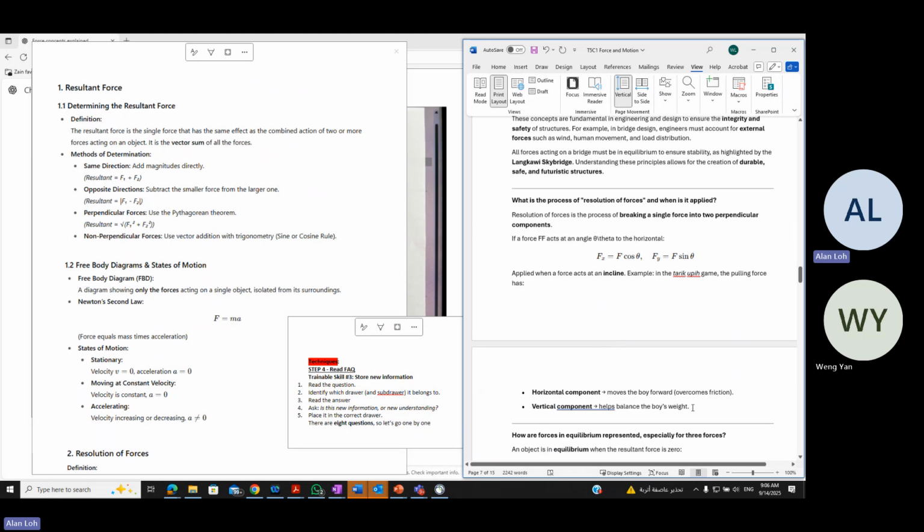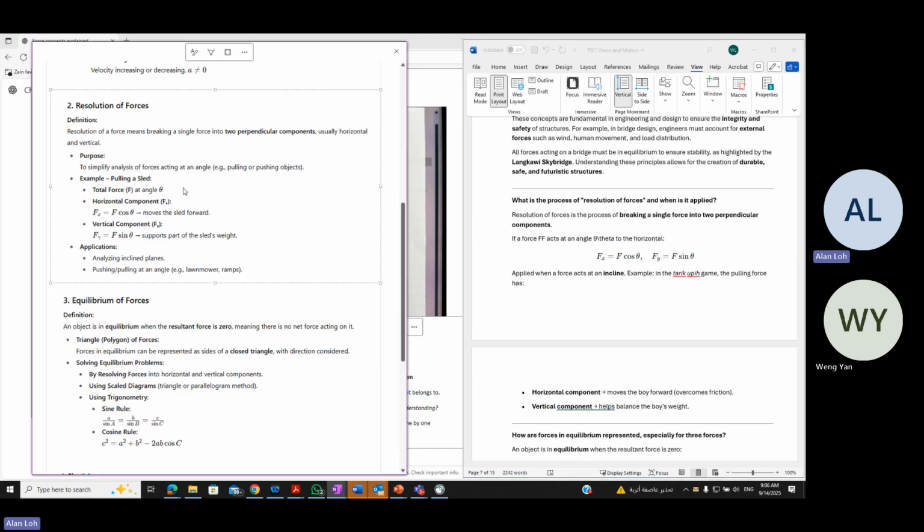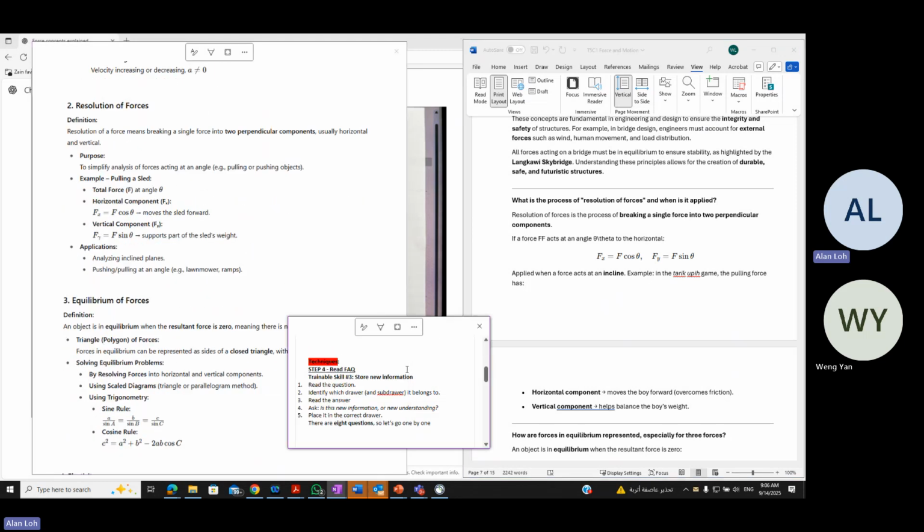Okay, now continue on the next questions. This is drawer number 2. Functions, rates and force.